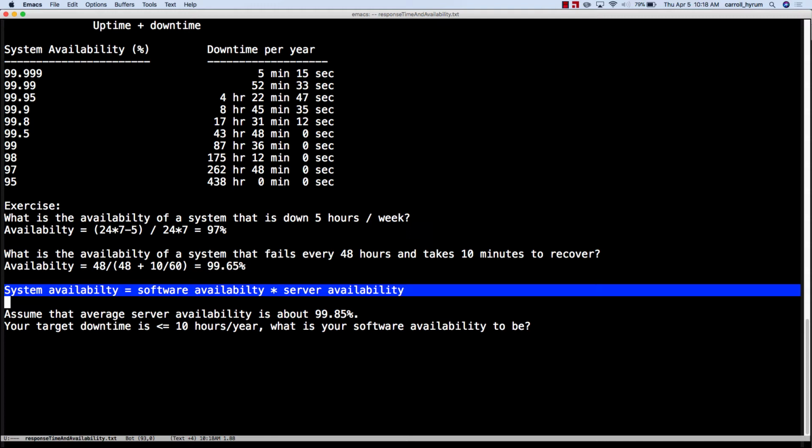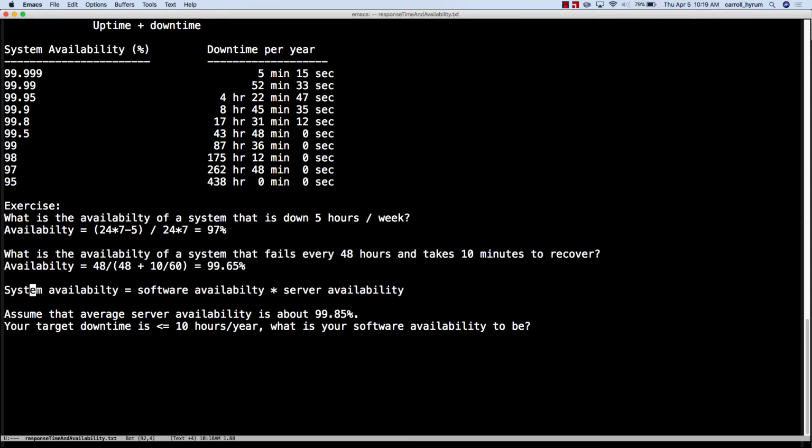Okay, so we have now one unknown. We can calculate the system availability. We have been given the server availability, and we need to calculate the software availability. So first let's calculate the system availability. How do we do that?